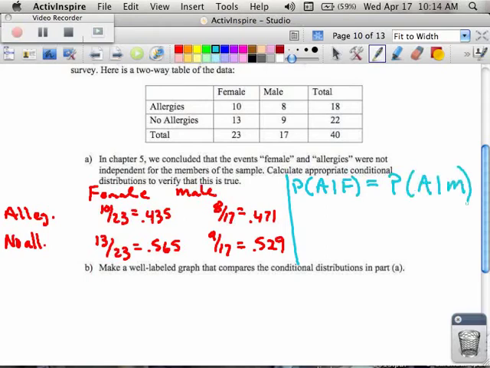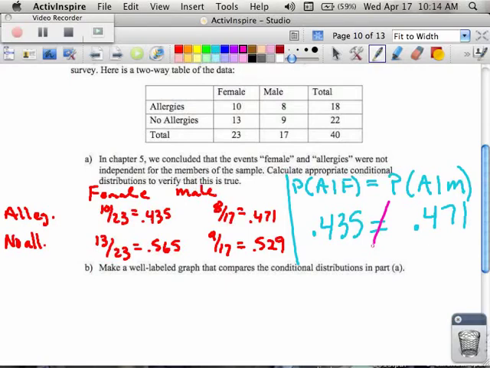Are those the same thing? The probability of having allergies given that you're female is 0.435. And we want to know, is this equal to the probability of having allergies given that you're male, which is 0.471? And we can definitely see that this is not true.